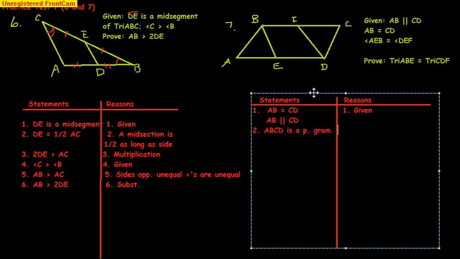Once we know that, there's a bunch of things we can do. So we would say on this one, a quad is a parallelogram if the two opposite sides are equal and parallel.